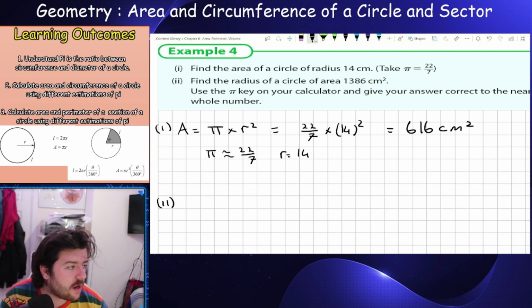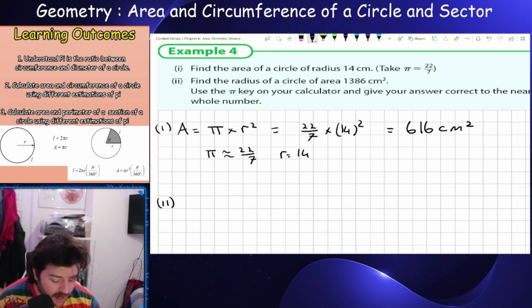The next question asks us to find the radius of a circle of area 1,386 centimeters squared, using the pi key on your calculator, and to give your answer correct to the nearest whole number. We're going to need to use the pi key on our calculator here, because our calculator will have pi to a lot of decimals, giving us a more accurate answer.